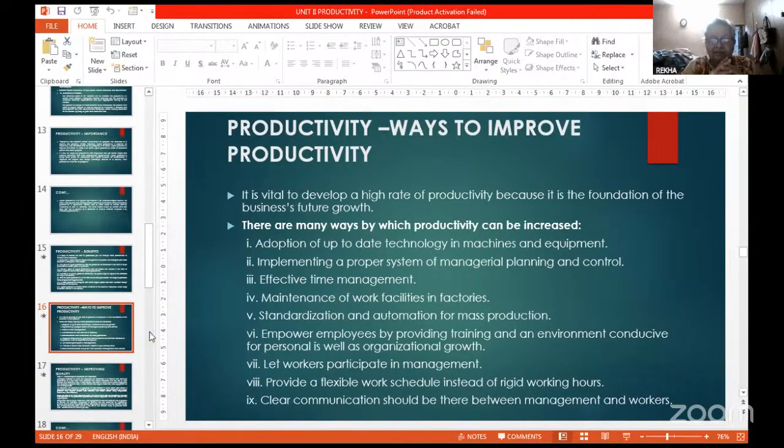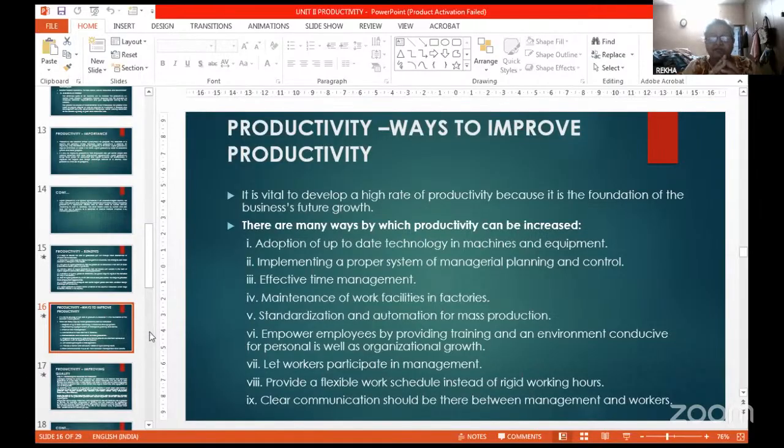Provide a flexible work schedule instead of rigid working hours, so that more and more people are motivated to work according to their own requirement and timing. Clear communication should be there between management and workers.